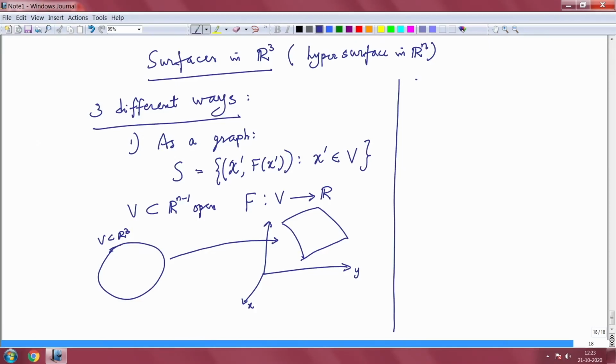So, the second one is considering it in an implicit form. So, you can consider surfaces in an implicit form.